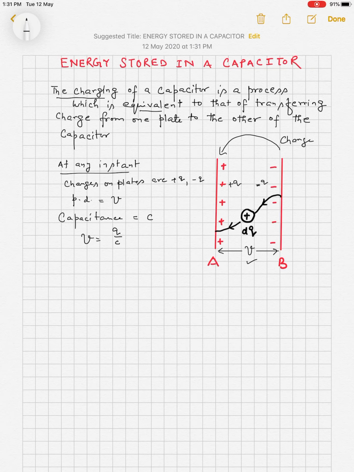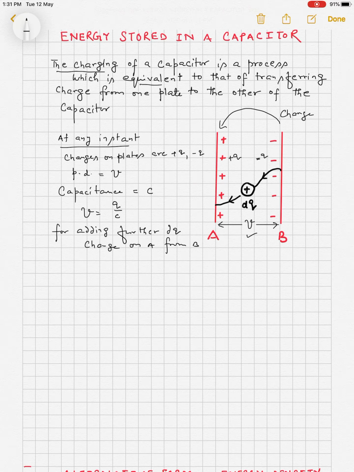Initially these plates were uncharged, meaning no charge on the plates, and finally the charge is built up in steps. So charge builds up in steps. Suppose further dQ charge is added to plate A, for adding further dQ charge on A from B.